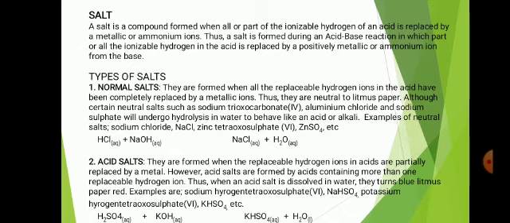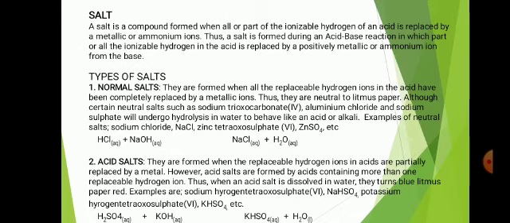Number two type of salt which we are going to talk about is the acidic salt. Acidic salts are formed when the replaceable hydrogen ion in an acid is partially replaced by a metal. That is, the number of ionizable hydrogen ion of the acid is not totally or completely replaced by a metal.